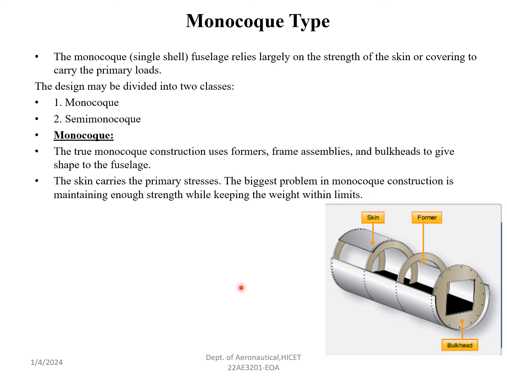In true monocoque construction, we use formers, frame assemblies and bulkheads to give the shape of the fuselage, and the skin is primarily there to carry the stresses, that means the stresses as well as the structural load. The biggest problem in monocoque construction is maintaining enough strength while keeping the weight within limits.